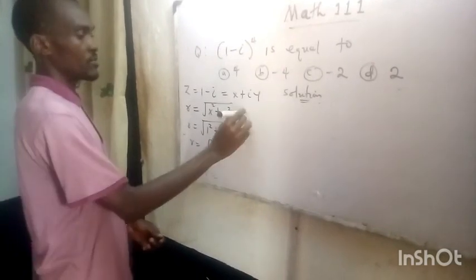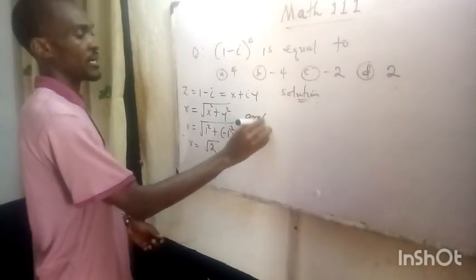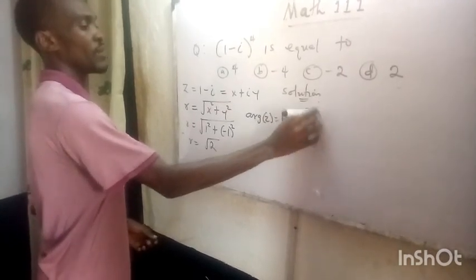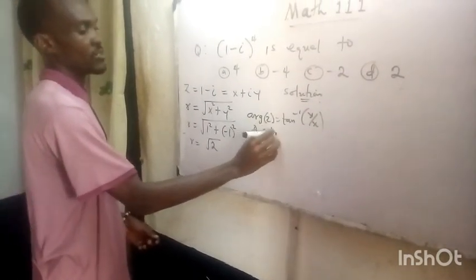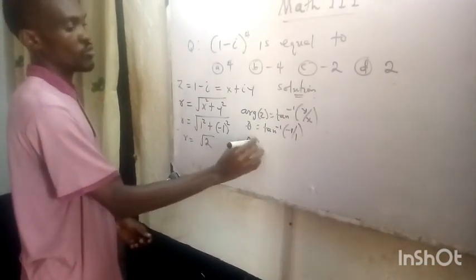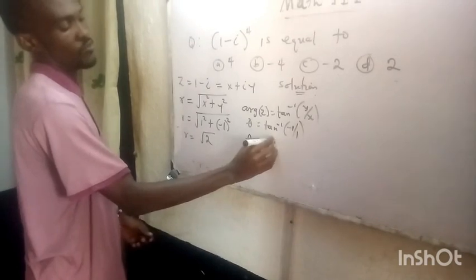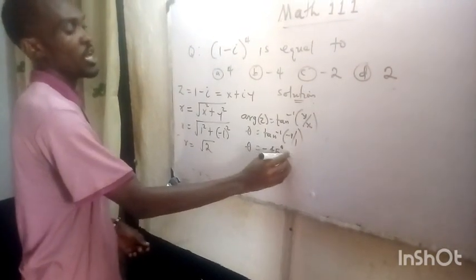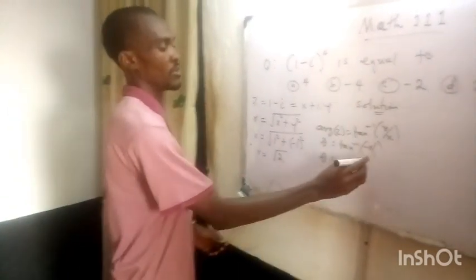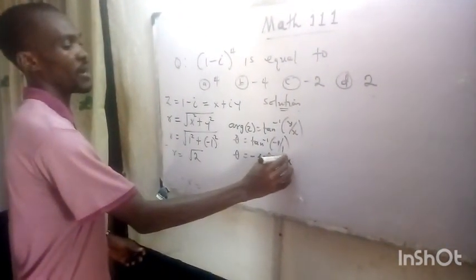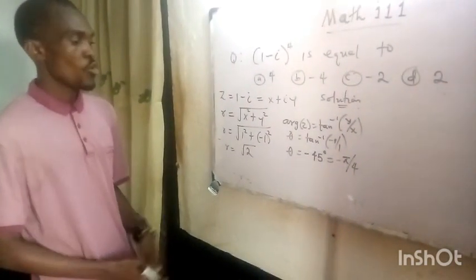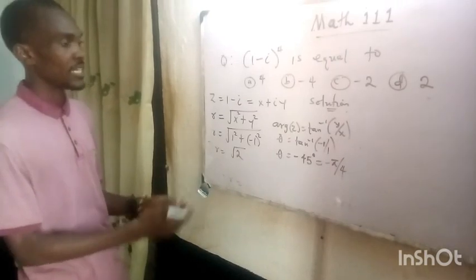And our argument, don't forget, is the tan inverse of y over x. So theta is the tan inverse of minus 1 over 1, which is minus 45 degrees, which when we write in radian form becomes minus pi over 4. So we have obtained the argument and the modulus.